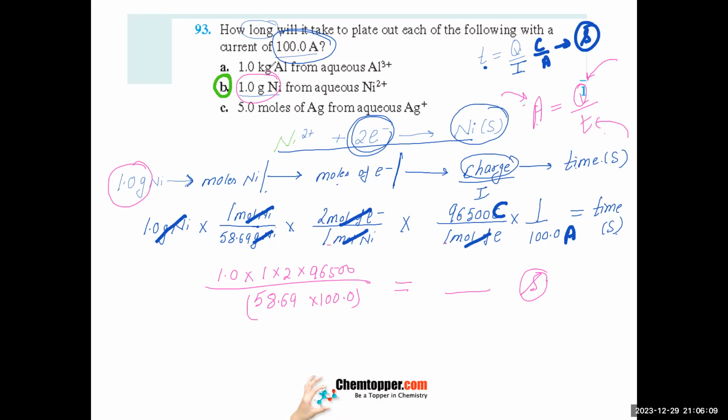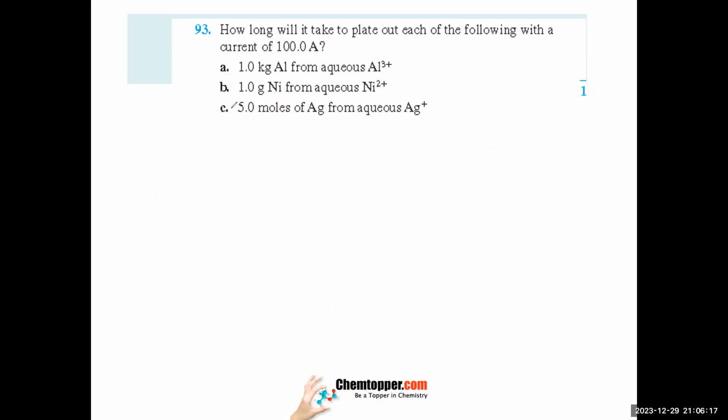Is it okay? Last question, children. This one. So the first step, Ag plus undergoing reduction to give Ag solid. 1 mole of electron is giving you 1 mole of silver.